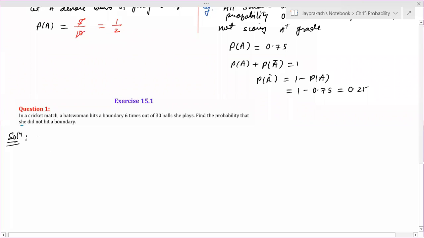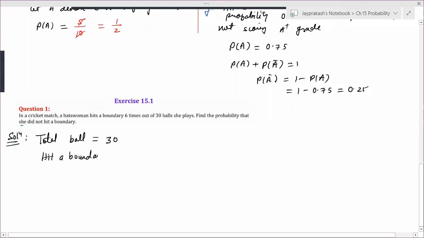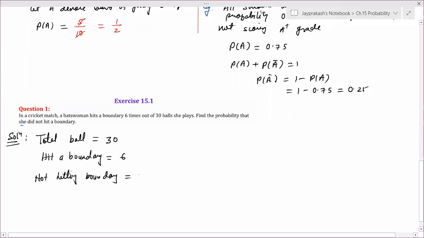So we will write here total balls is equal to 30. The boundaries are 6. So not hitting a boundary, that is 24.